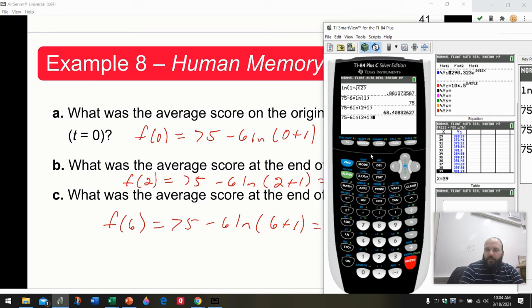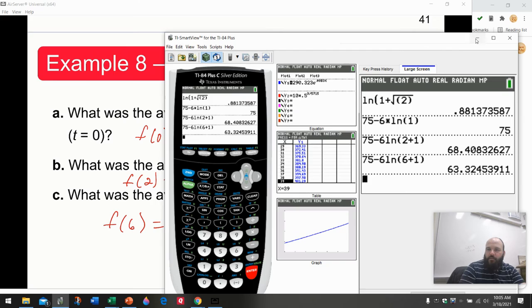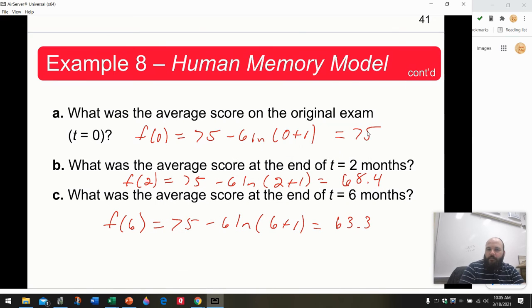If you hit second enter, you can see it brings up the entire equation. All we need to do is change the 2 to a 6 and then hit enter. And we get 63.3. So, as we suspected, over time, the scores do reduce.